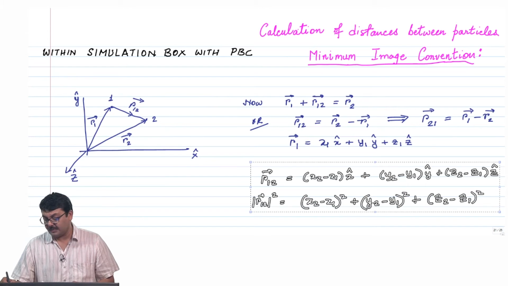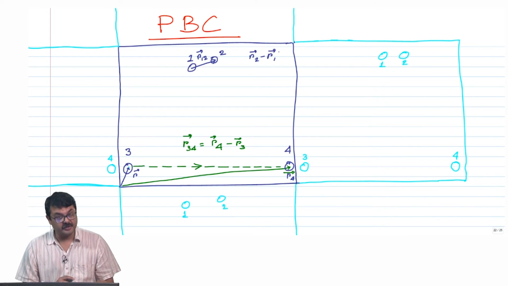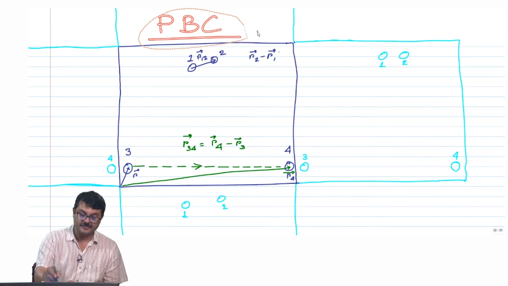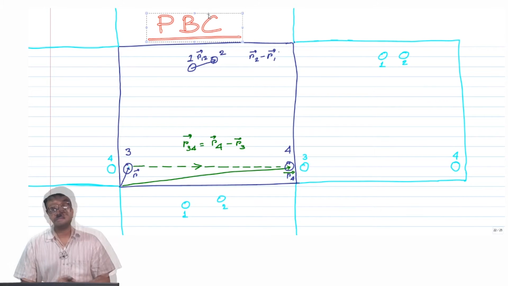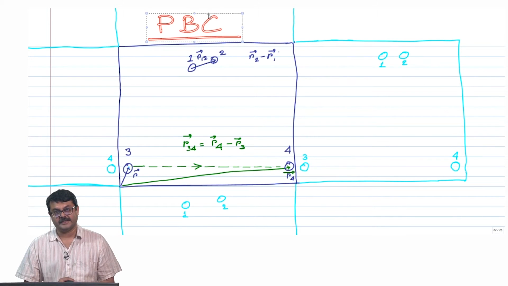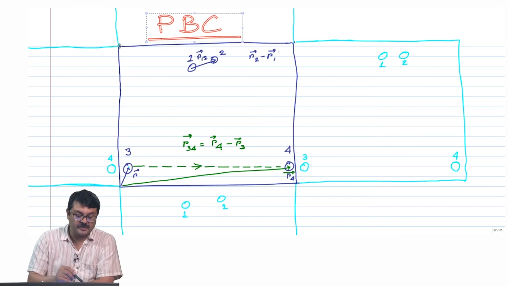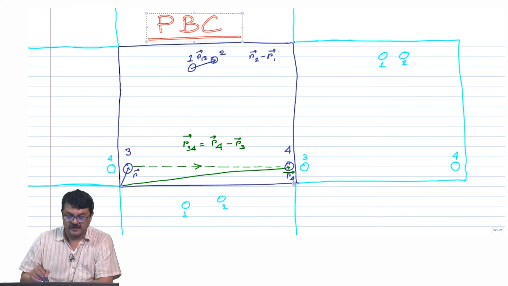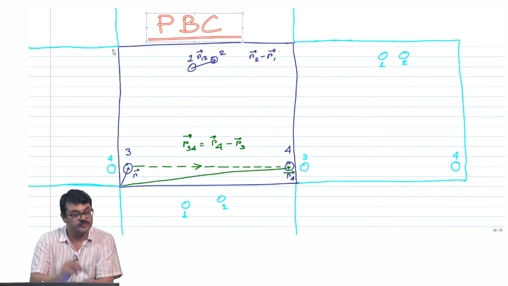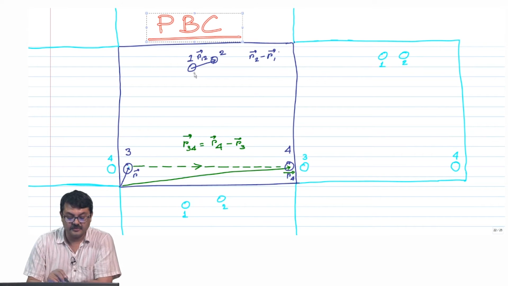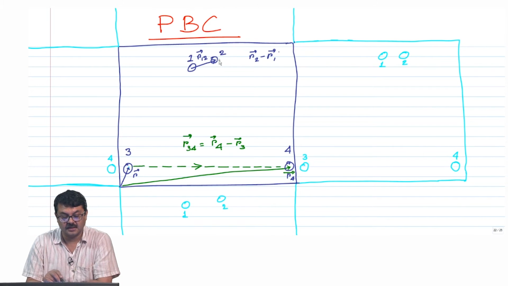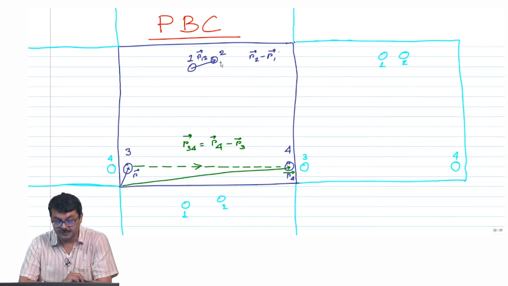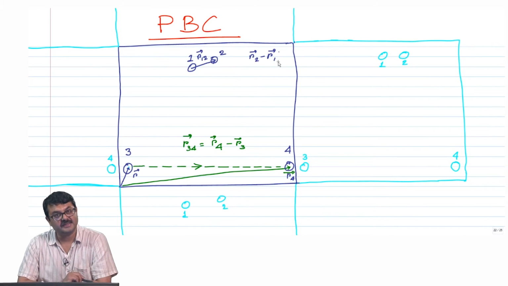But if you have a box with periodic boundary conditions, PBC, then the situation could get a bit more complicated, and let me explain. Suppose this deep blue is your main simulation box, and here is your particle number 1 and here is your particle number 2, and you can calculate r12 exactly as we discussed in the previous slide, and that is equal to r2 minus r1.